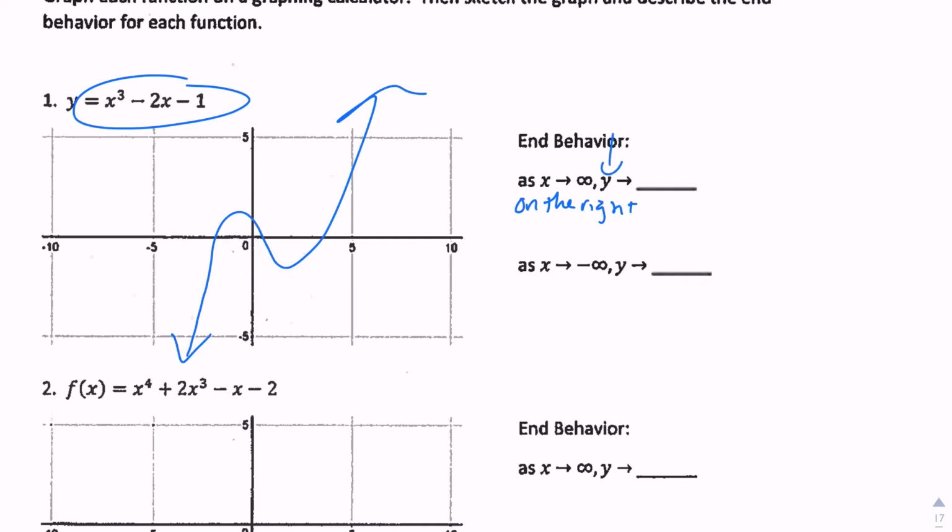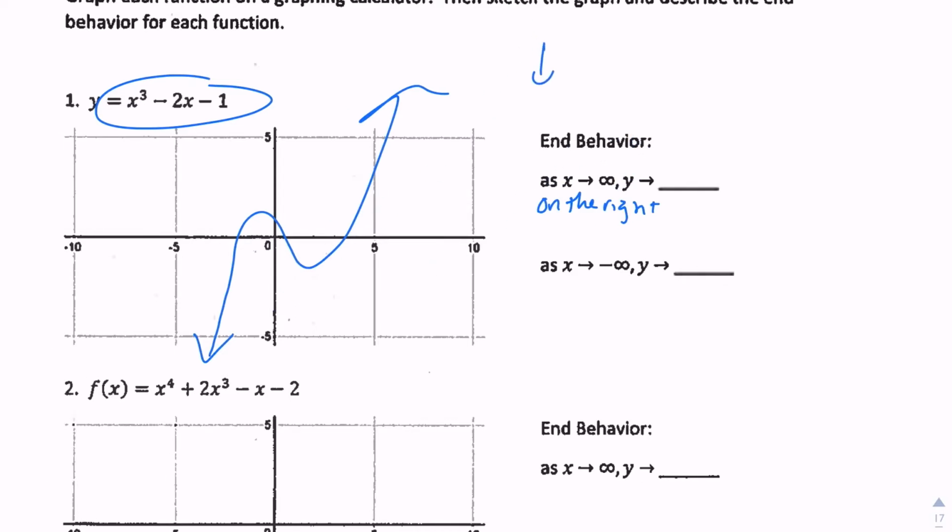So on the right, what's happening with y? If we follow the graph all the way to the right end, we have three options. The graph's either rising, falling, or flattening off. In this case, the graph is rising. So we say y approaches infinity, or in words, on the right, the graph rises.